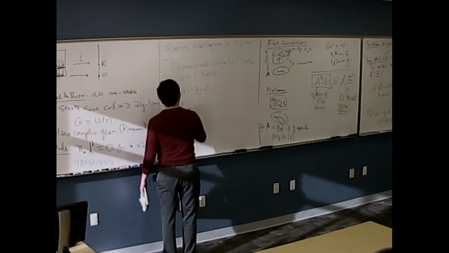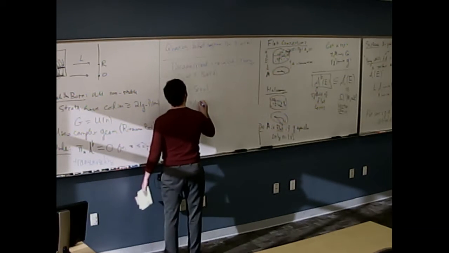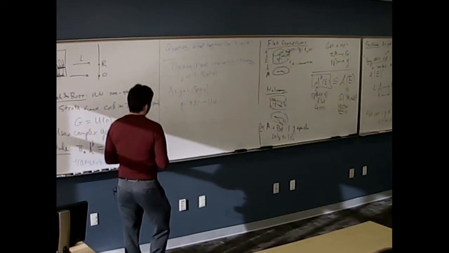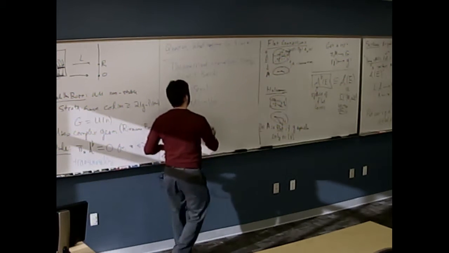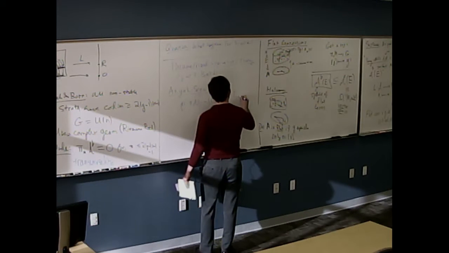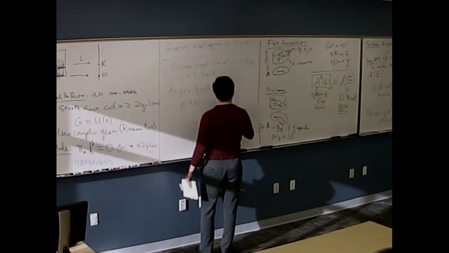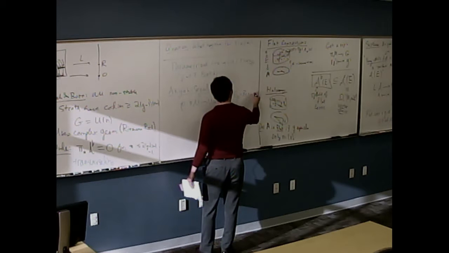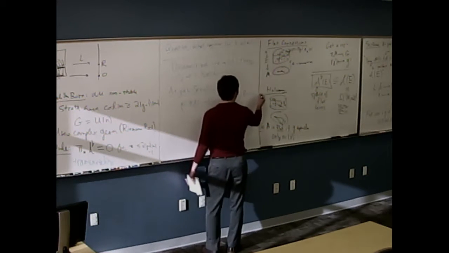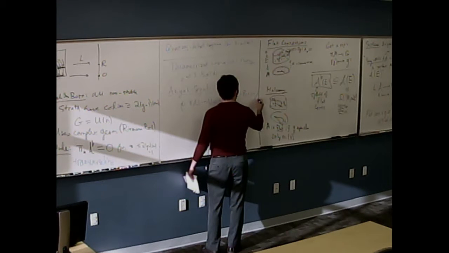Given a representation from pi 1 M to, let's just say, U n, from that representation of the fundamental group, we can build a bundle, E rho, and this bundle lives over M. And what is it? It's just the universal cover of M crossed with the group in question, and then I mod out the action of pi 1 M.